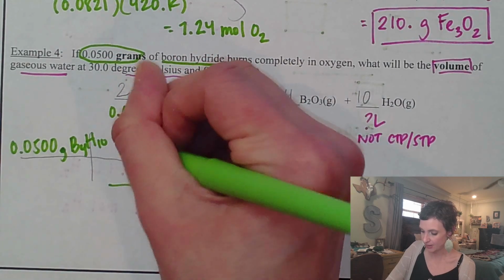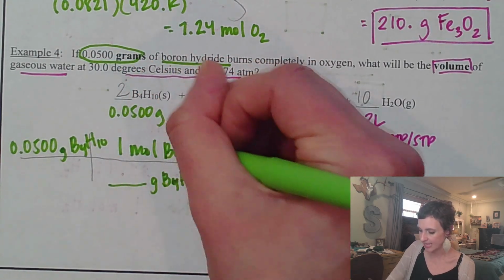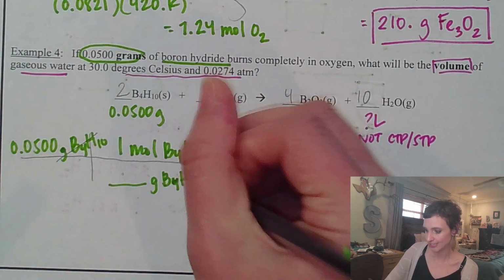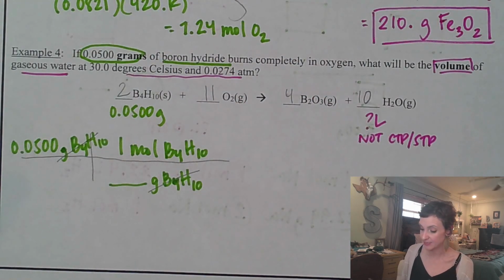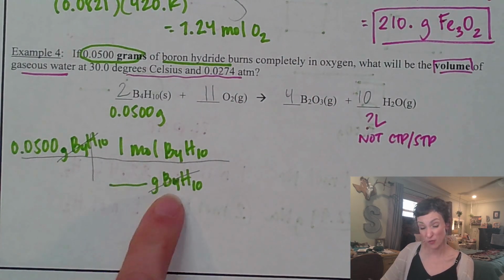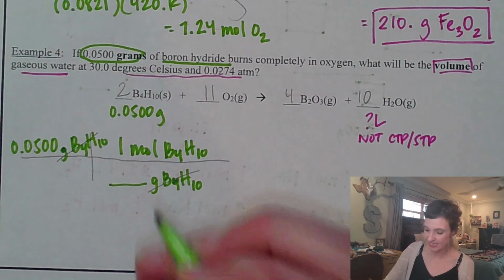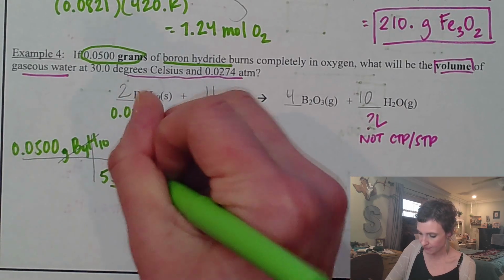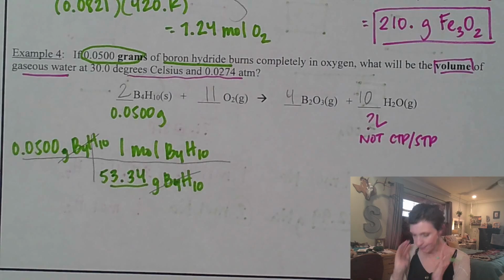It'll state there's a certain amount of grams for every 1 mole of that same substance. Noticing I'm still keeping my colors green, I'm still talking about my beginning substance. So according to the periodic table, those 4 borons and 10 hydrogens are going to give it a molar mass of 53.34.